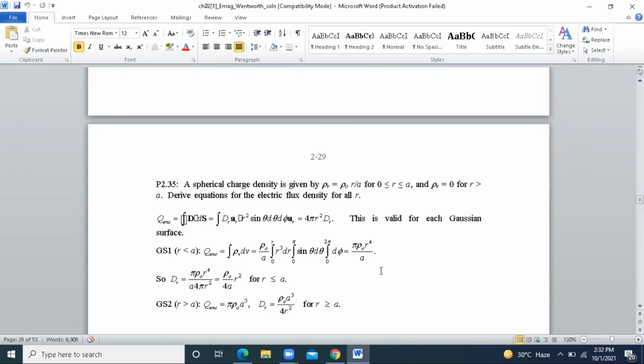You would move from the line where you have the enclosed charge to the next line by dividing pi rho_0 r to the 4 over a by 4 pi r squared. Right.